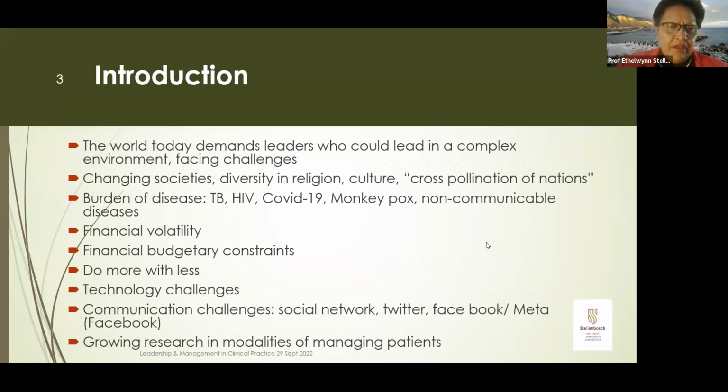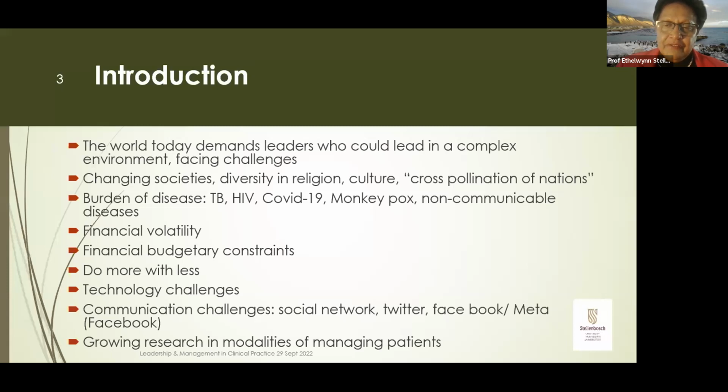The world today demands leaders who can lead in a complex environment, facing challenges. I'm sure you all realize that. If one just takes note of what's happening in the world today, it's just all over. Things are happening that are very challenging for the leadership of many countries.